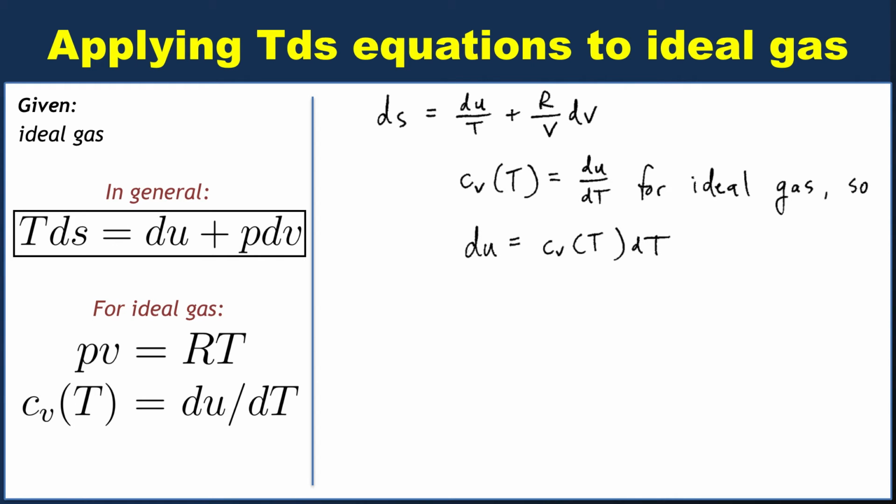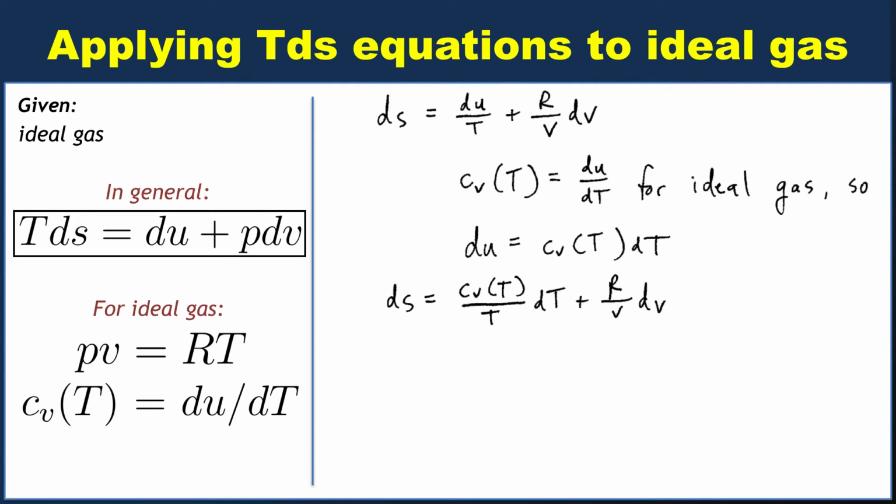So du equals Cv dT. Substituting that in for the du in the numerator, we get ds equals Cv(T) divided by T dT plus R over v dv. Just to be clear, the parenthetical T there is not multiplying by T; it is illustrating that Cv could conceivably be a function of temperature.